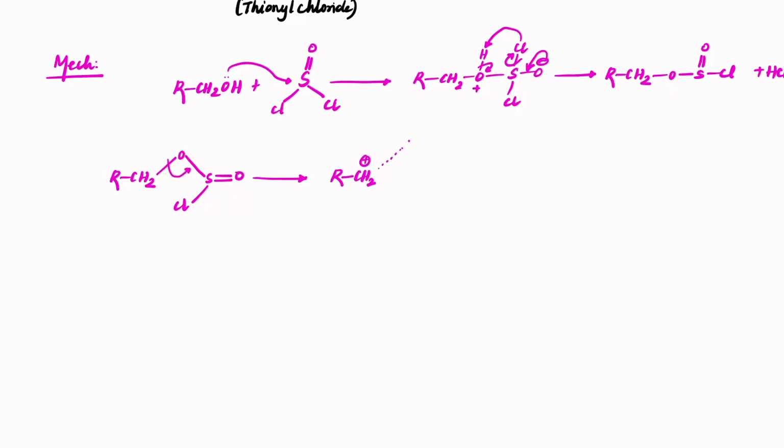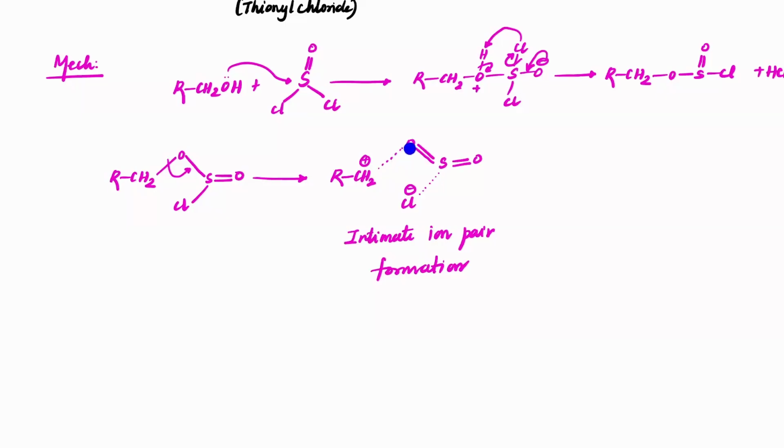And you will still have the affinity towards oxygen's lone pair with sulfur and double bond O. But at the same time, sulfur will start losing its bond with chloride and start gaining negative charge. Okay, this is how it will happen. This is called intimate ion pair formation.